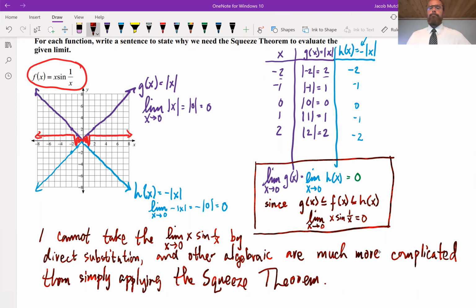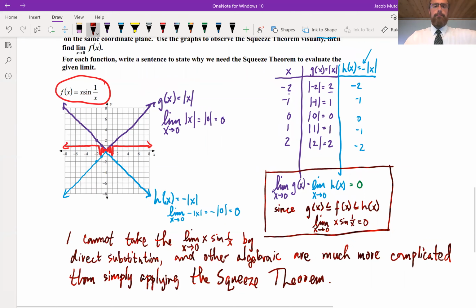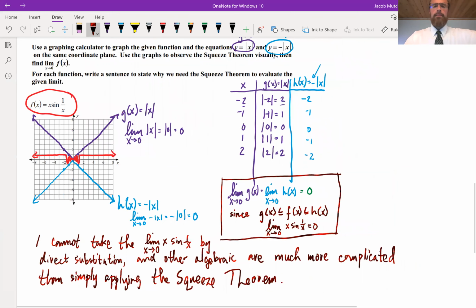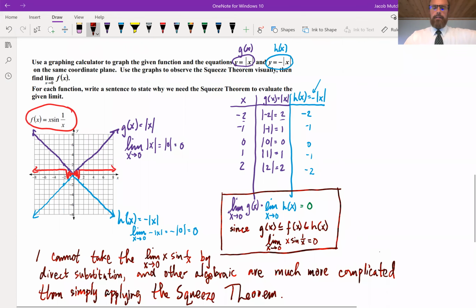Period. So again, the bottom line with the squeeze theorem is it really allows us to calculate limits of functions that are otherwise really difficult or maybe impossible by other means.